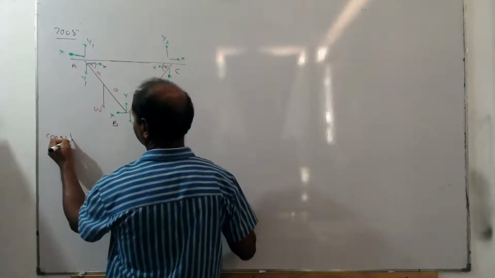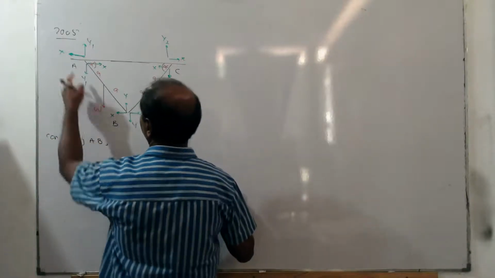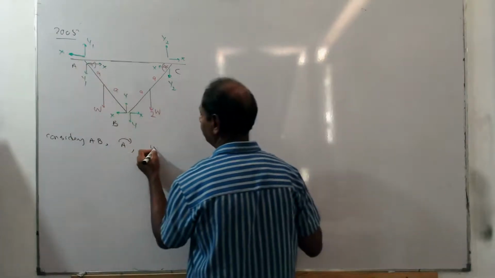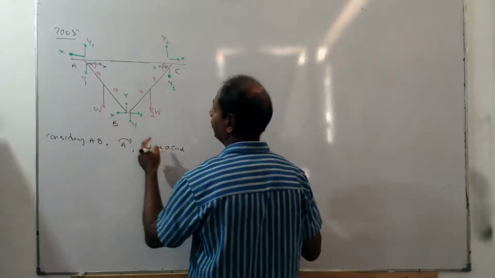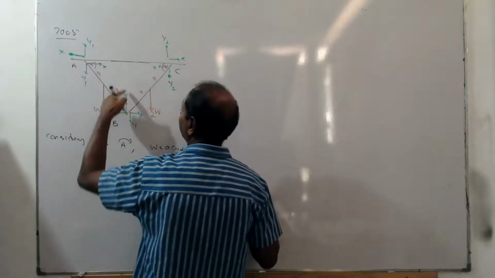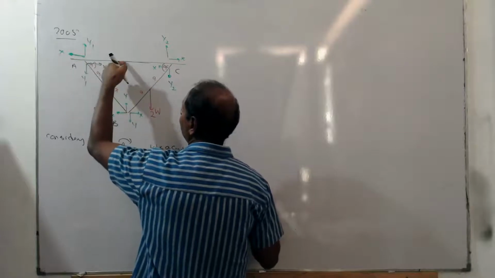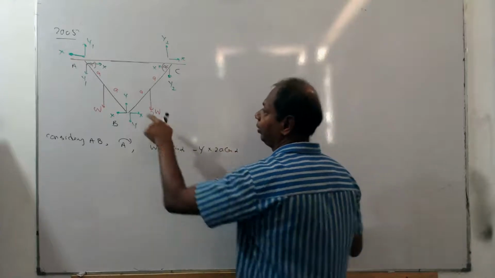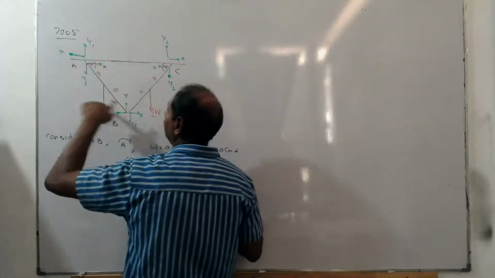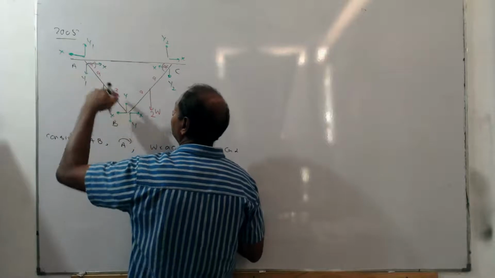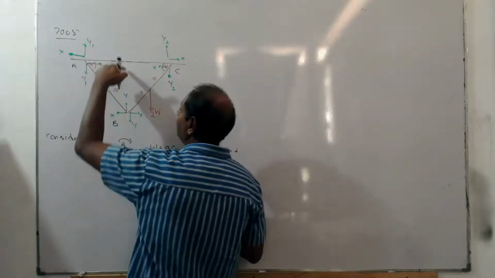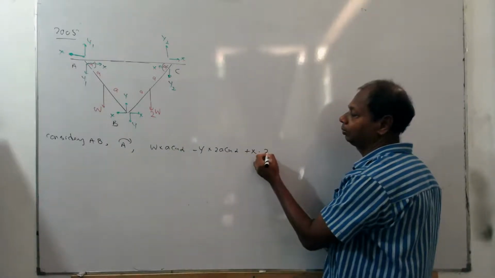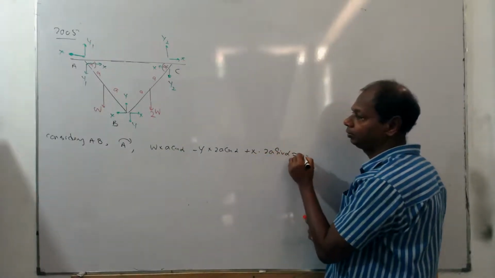Considering AB, you can take moments about A. So W into a cos alpha. This is in the opposite direction, minus y into 2a cos alpha. This is rotating in the positive direction, plus x into the length 2a sin alpha, equals 0.